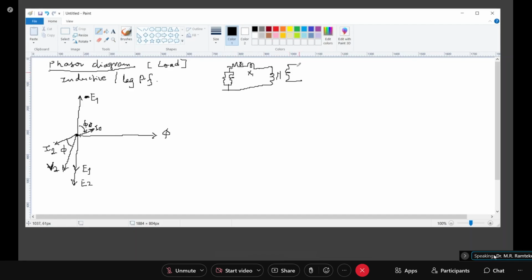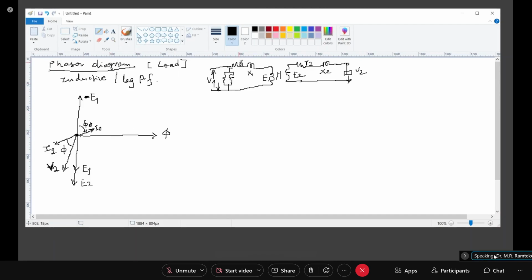You have the secondary R2, X2 and the load, with voltage V2. This is V2, this is E2, this is E1, and here the voltage is V1. Clear? So now we will start our working.